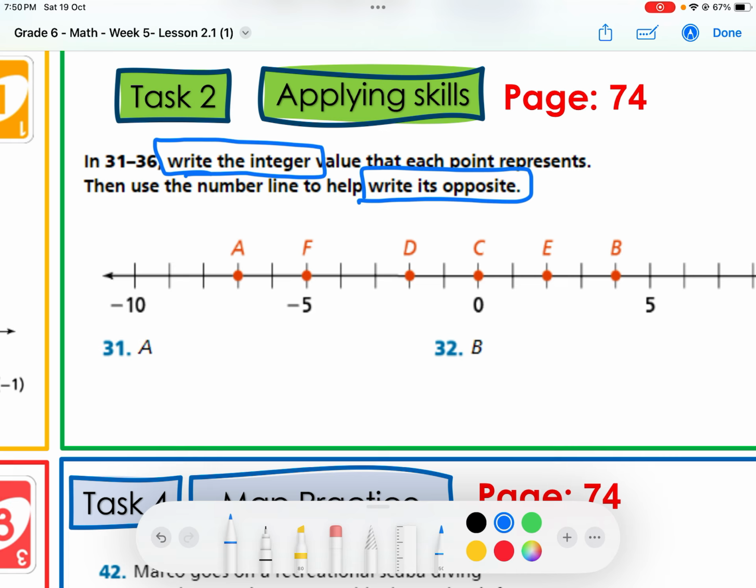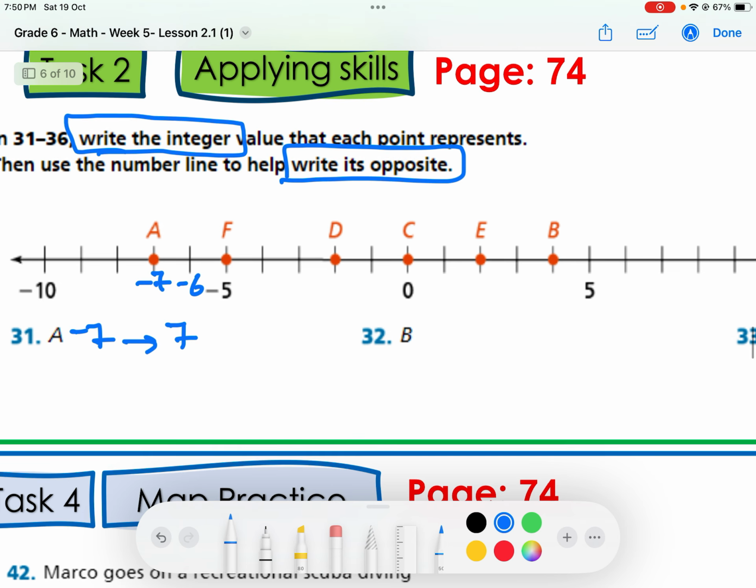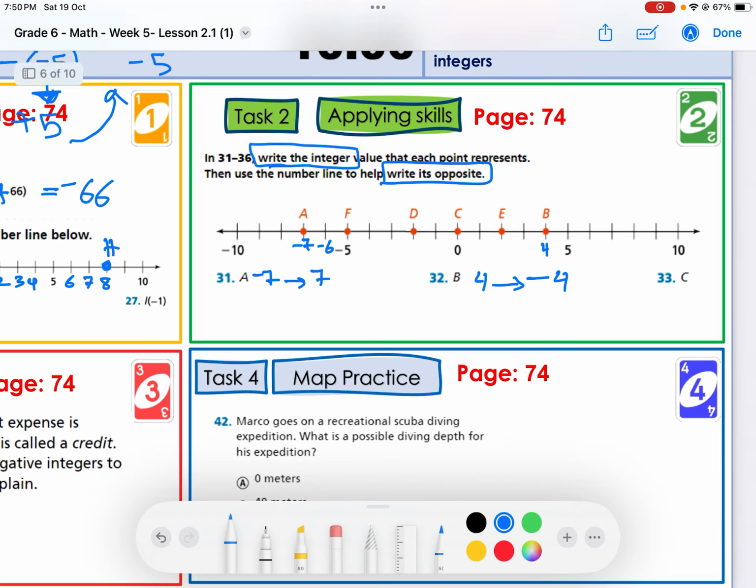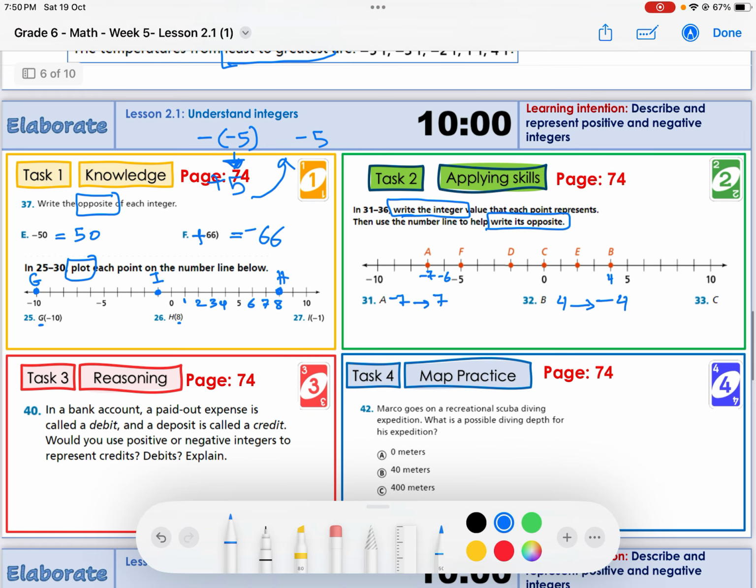I have here negative 5, so that will be negative 6, negative 7. So A is negative 7, and then the opposite will be 7. Then moving on to point B, we got 0, 1, 2, 3, 4. B is 4, and its opposite will be negative 4. Okay, guys? And so on.